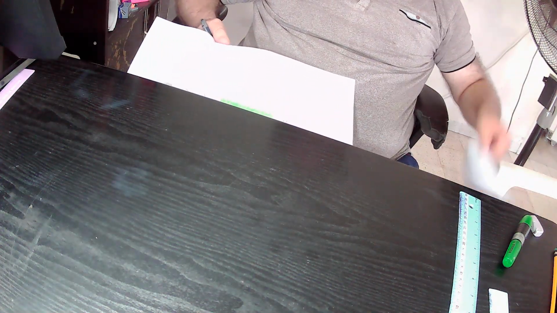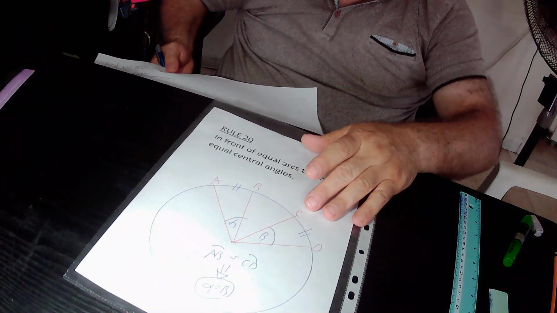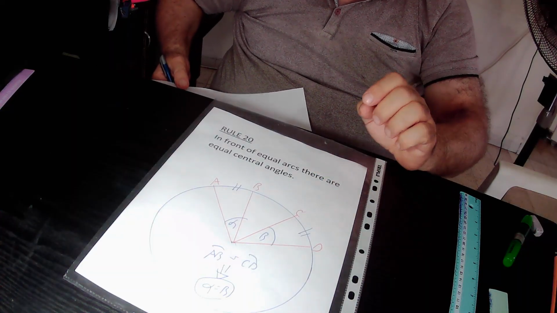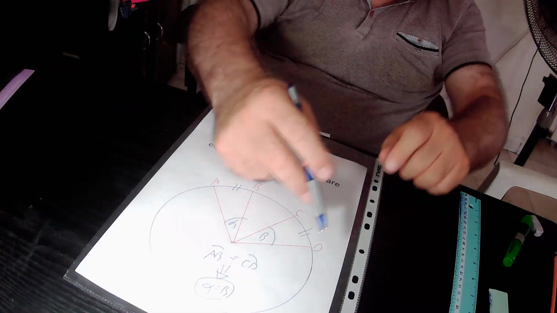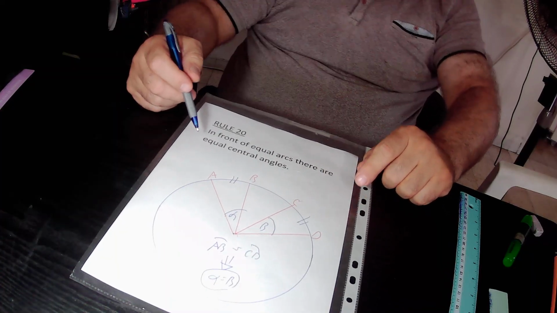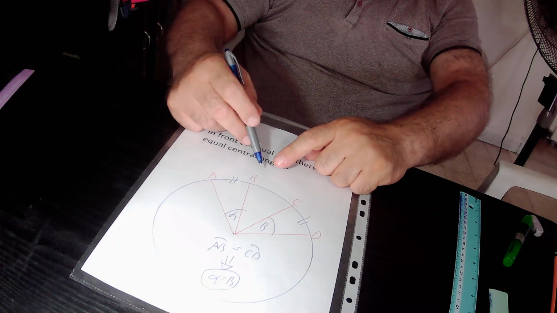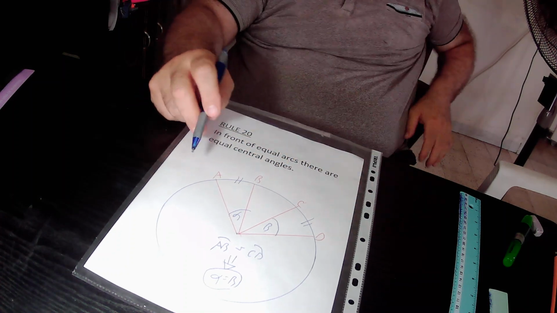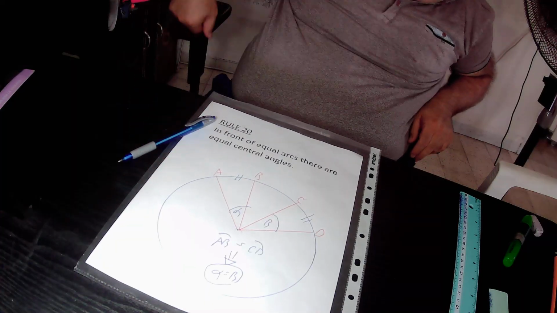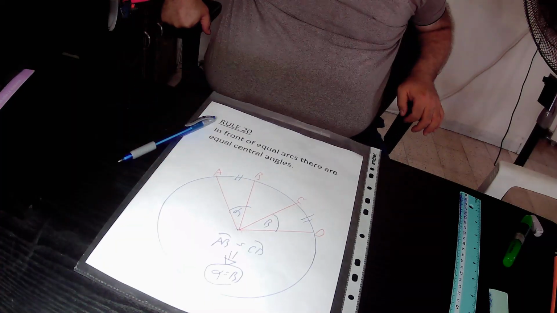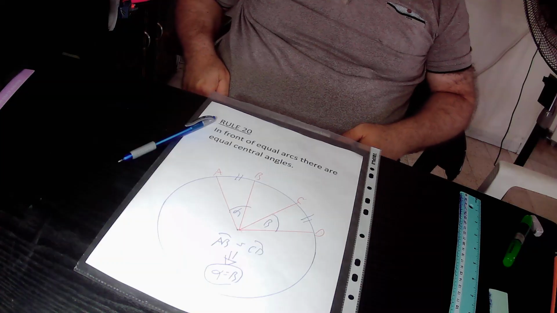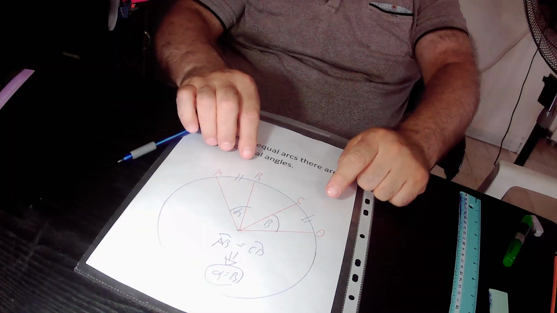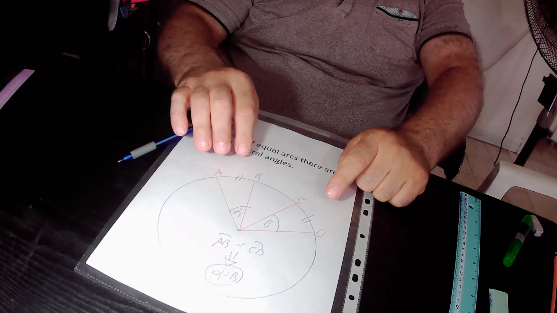According to rule 20, in front of equal arcs there are equal center angles. So in the drawing, we have a circle, and we know that arc AB equals arc CD in its length. According to this rule 20, the center angles located in front of those two equal arcs are also equal to each other.